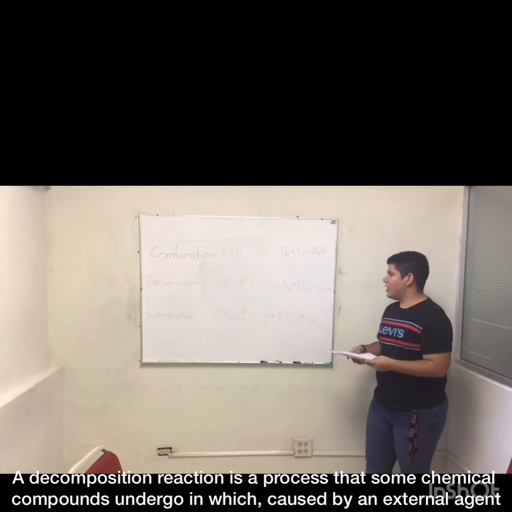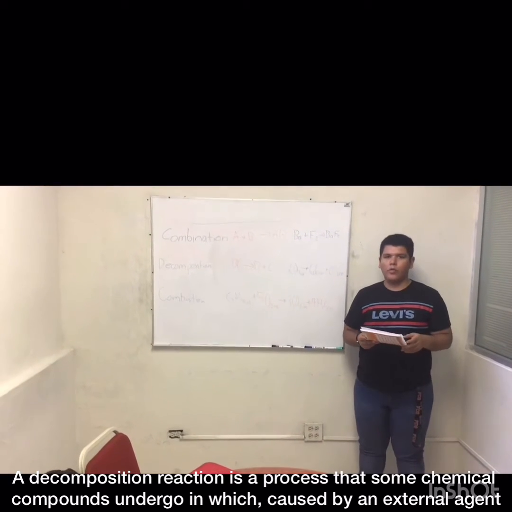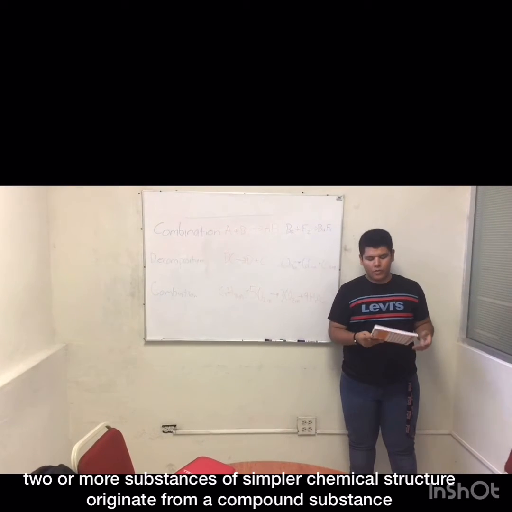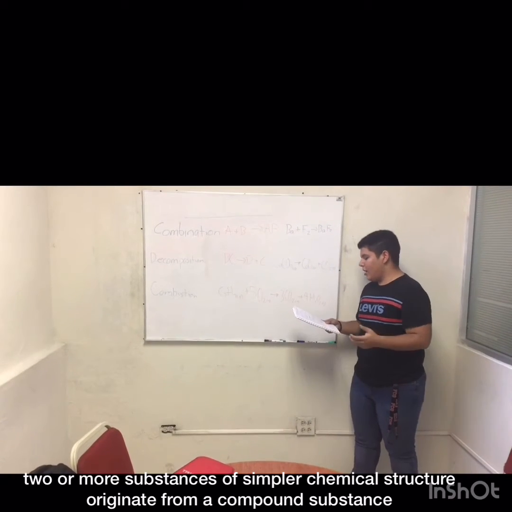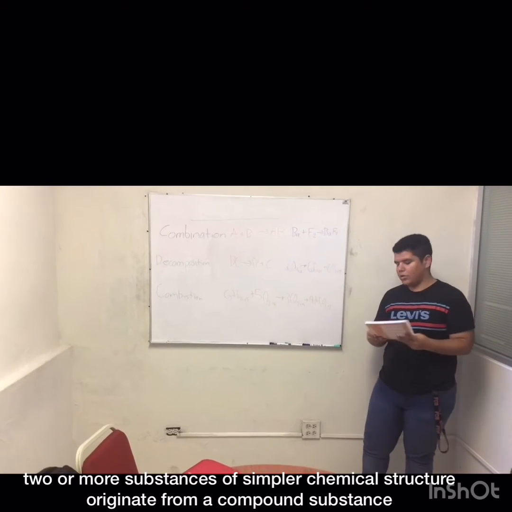A decomposition reaction is a process that some chemical compounds undergo, caused by an external agent, in which two or more substances of simple chemical structure originate from a compound substance.